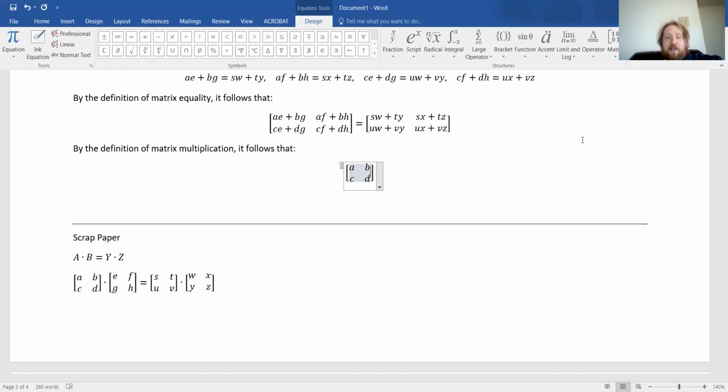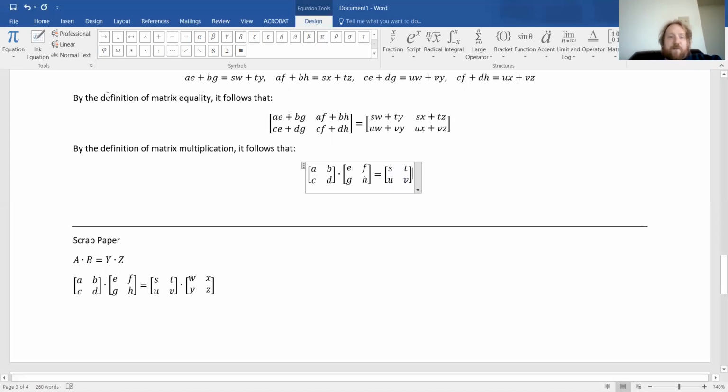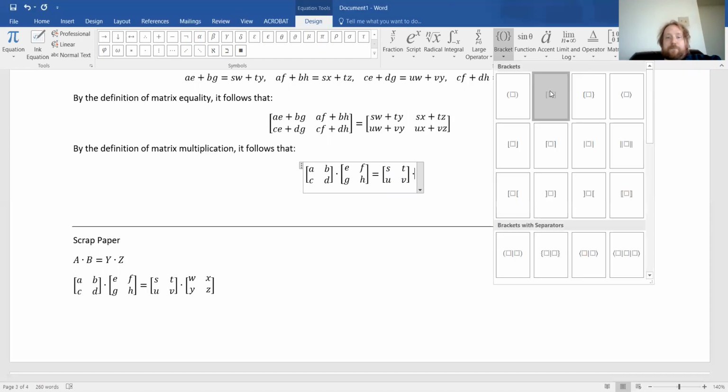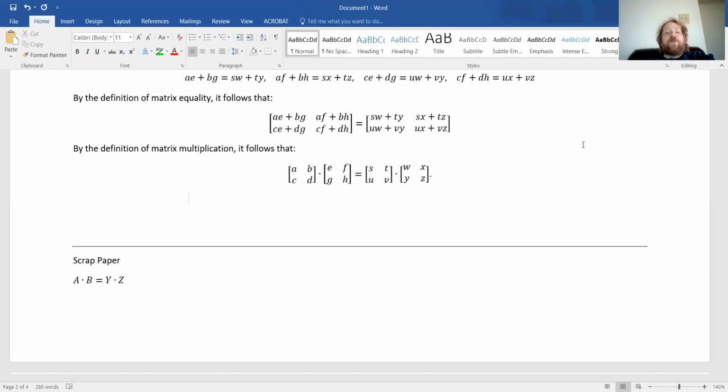The matrix A, B, C, D times the matrix E, F, G, H equals matrix S, T, U, V times matrix W, X, Y, Z. But these were the matrices A and B, and Y and Z to begin with.